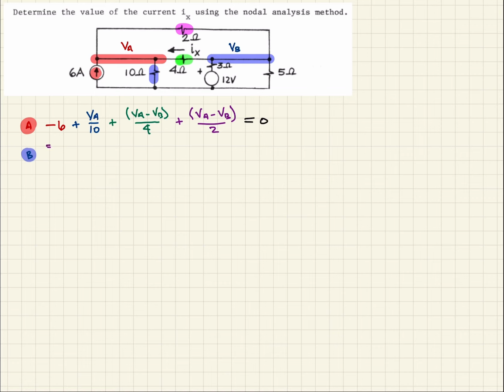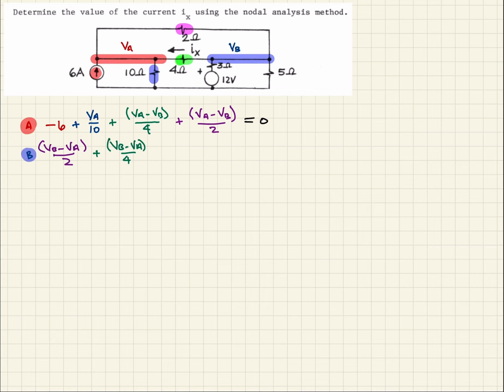So in this case, it'll be VB minus VA divided by that resistance, which is 2. And again, we have the green one that's already highlighted for us, the 4 ohm resistor. So that's going to be plus VB minus VA over 4.